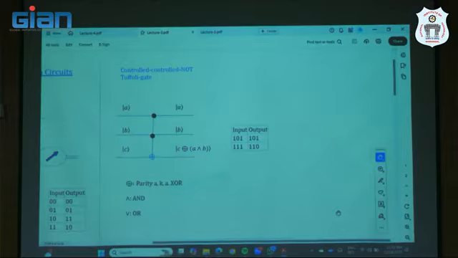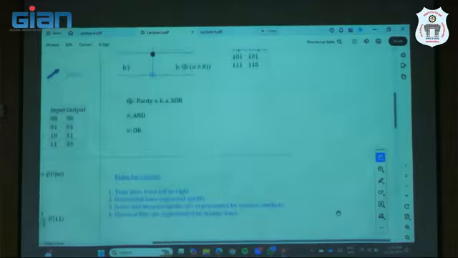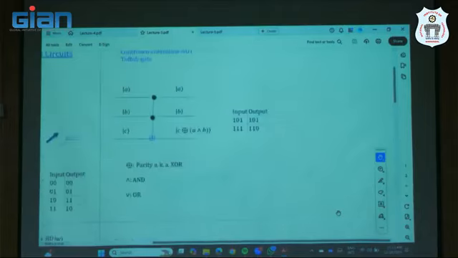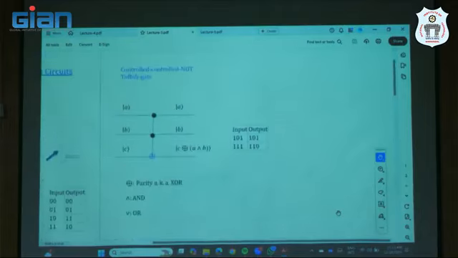Okay? Good. Now, I just gave an example of two. Yes, 101 goes to 101, you see, because A and B is not 1.